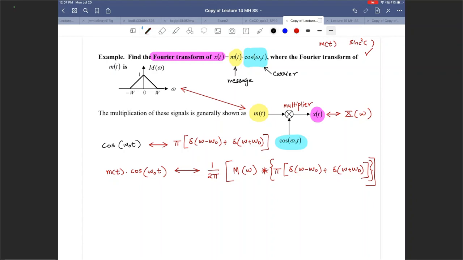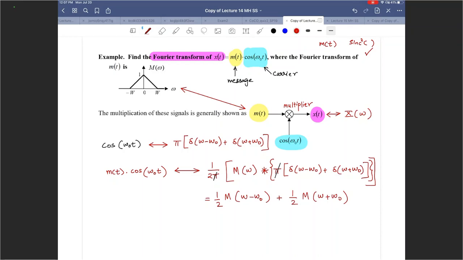So how can I write this out? Pi gets cancelled probably, right? And then I have, only on the right side, half M of omega minus omega naught, plus half M of omega plus omega naught.